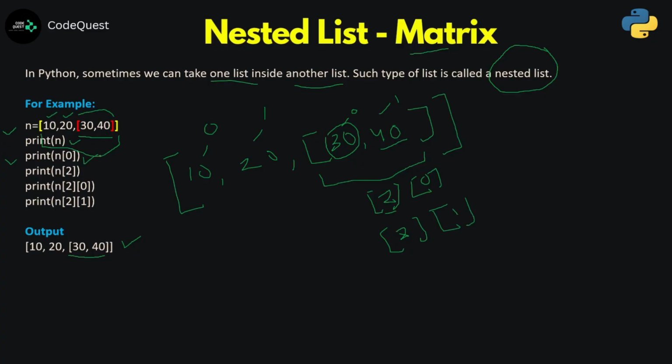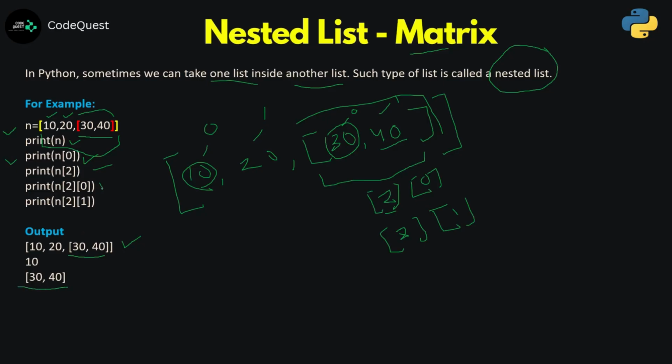So n of 0 means I am referring to 10. n of 2 means this entire list I am going to get. See, n of 2 is not going to give me only 30 or 40, because n of 2 is the third element, and the third element itself is a list. So hence we are going to get 30 and 40.